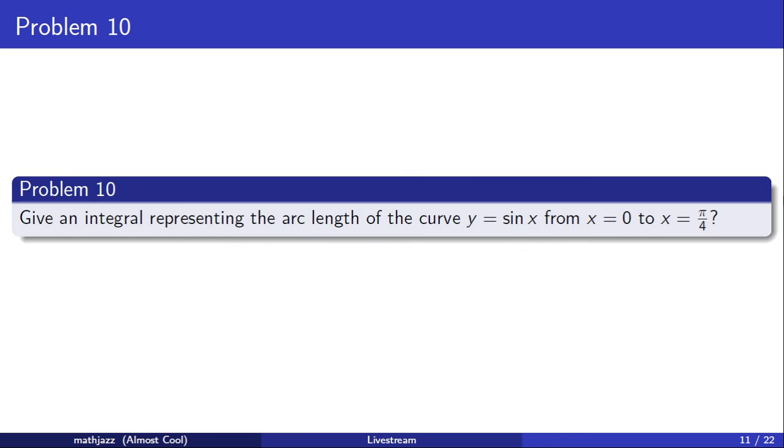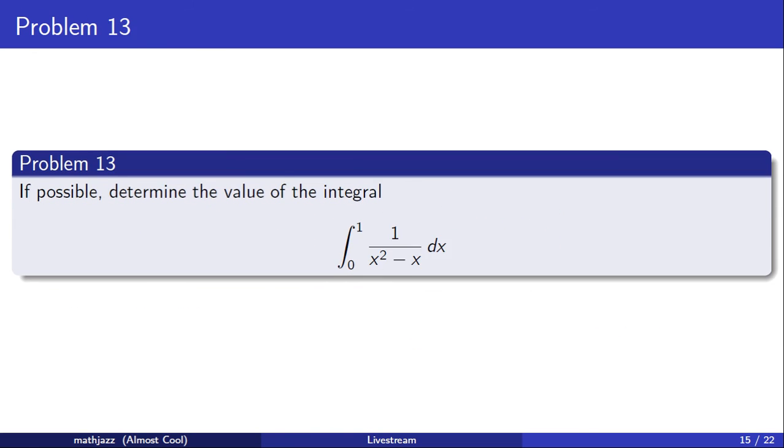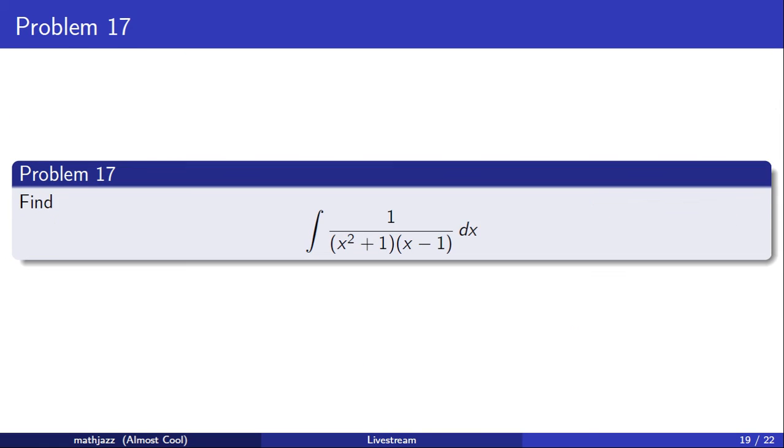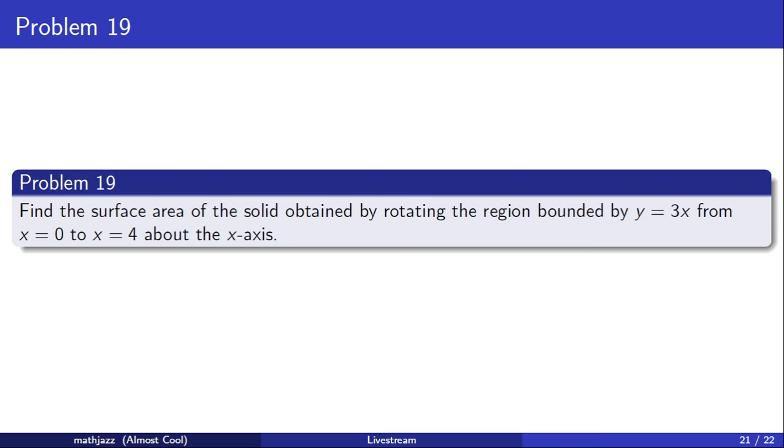Okay, so let's see, what next? I showed you all of our questions. Yes, all of the questions that I wrote for today I showed you. This isn't so bad. This should be 2 pi times the integral. Since we're rotating around the x-axis, we use our function of x.